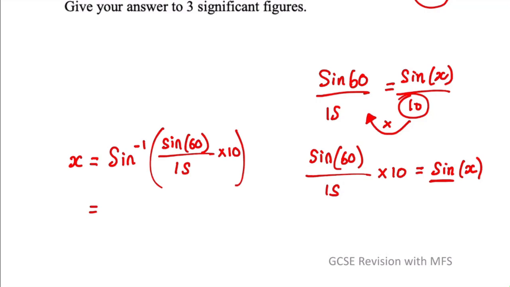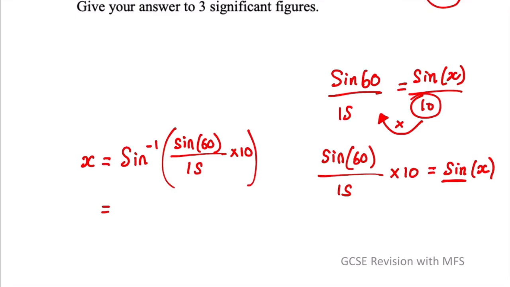So we've got inverse sine of sine 60 over 15 multiplied by 10, close your brackets, and you're going to get an answer.